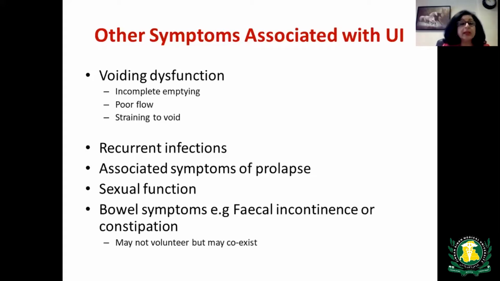And all this can again be associated with the symptoms of prolapse, because prolapse may cause some obstruction in the urethral passage, resulting in all the symptomatology, whether it is incomplete emptying, poor flow, or other voiding difficulties. And they may have difficulty with sexual function, especially if they have got any underlying anatomical problems in the form of prolapse.